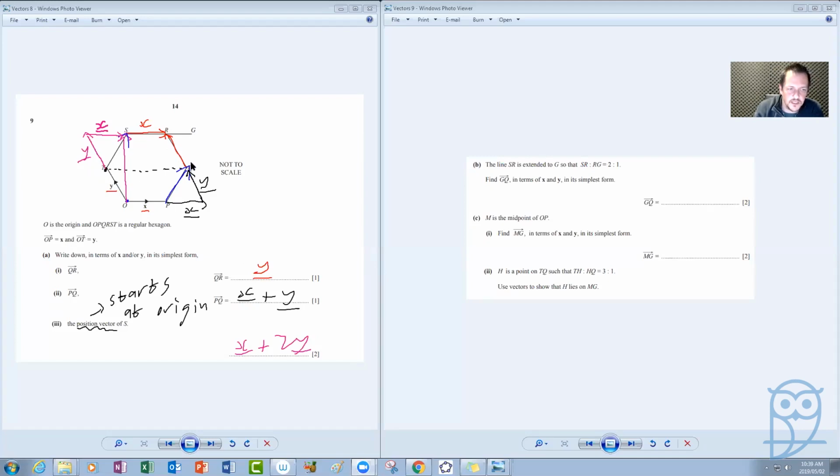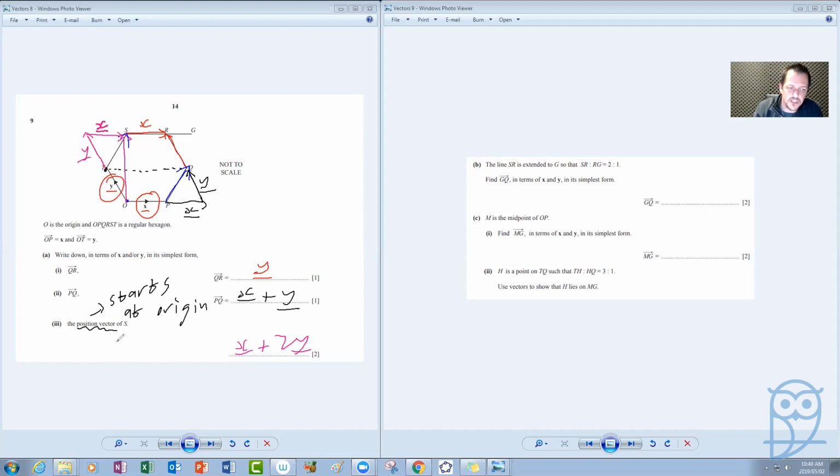But from P to Q, we don't really know what it is. But what we do know is that we could create an extra triangle over there with vectors that we do know. And the vectors that we do know was this vector over here and this vector over here. So it was a horizontal and then a diagonal upwards to the left in a northwest kind of direction. So therefore we could create that, and then it's x plus y.